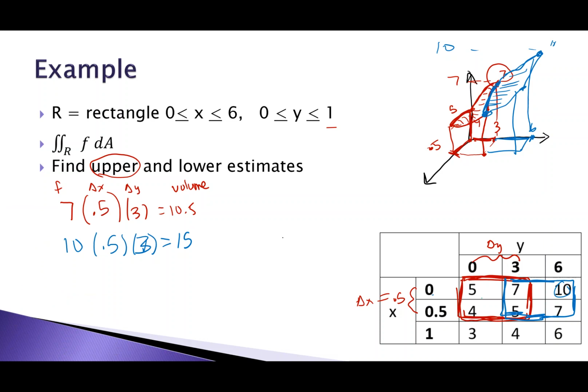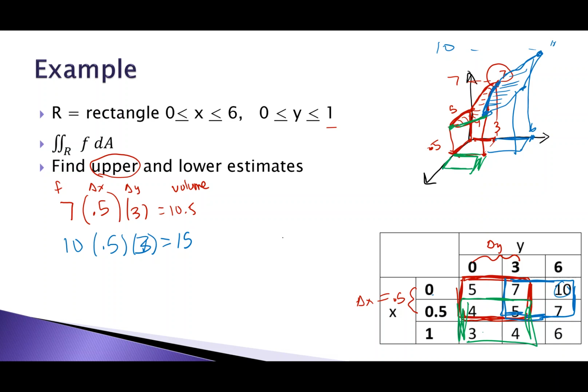Maybe a green. Here's another rectangle. That corresponds to this rectangle down here. And so 0.5, there's my 4. There's my 5. Looks like that.